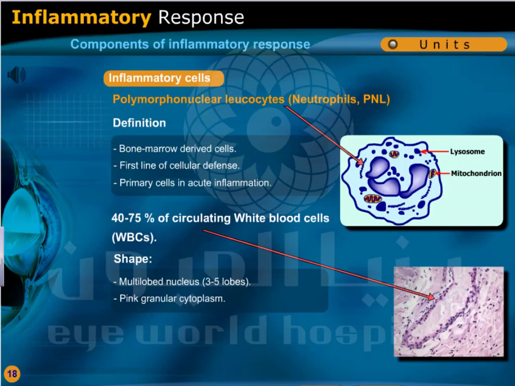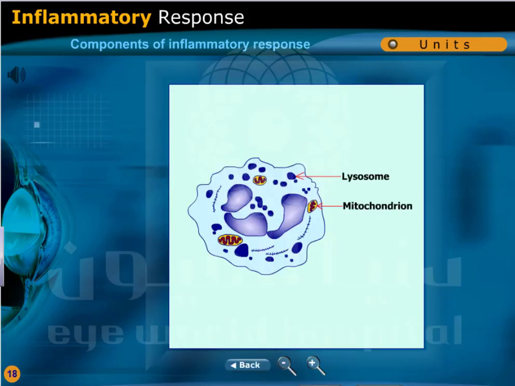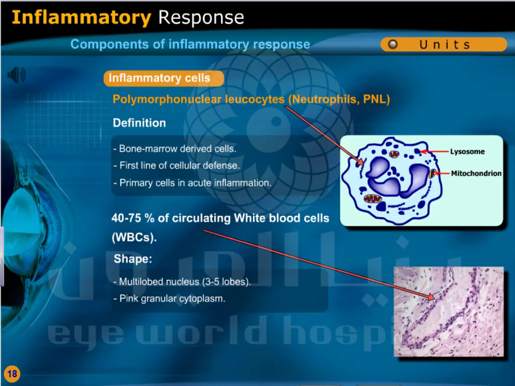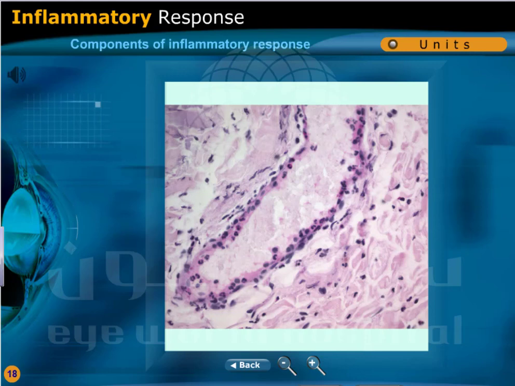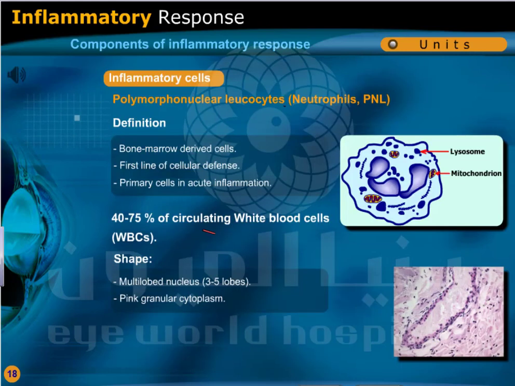Inflammatory cells. Polymorphonuclear leukocytes, or neutrophils, are bone marrow-derived cells. They represent the first line of cellular defense and are the primary cells in acute inflammation. Polymorphonuclear leukocytes constitute 40 to 75% of circulating white blood cells.